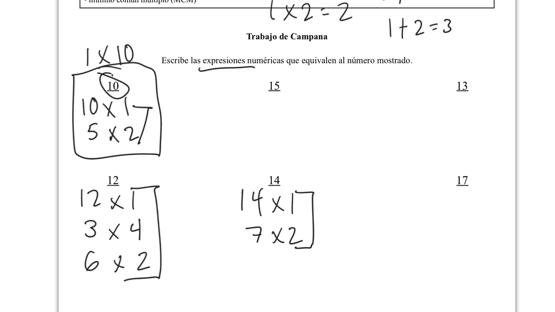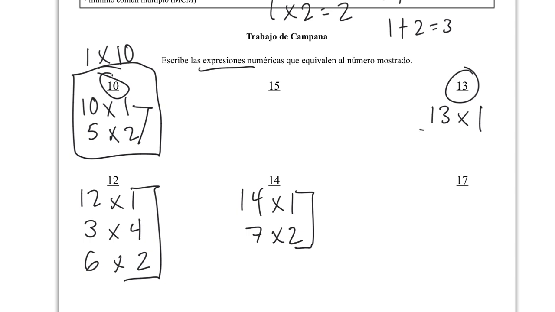Again, the bigger the numbers get, usually you might see more sets of numbers, but this is what we do when we want to find our prime factors too. Now, going back to number 13, this is a hard one because you think 13 times 1, and then you think, well, what other two numbers give me 13?